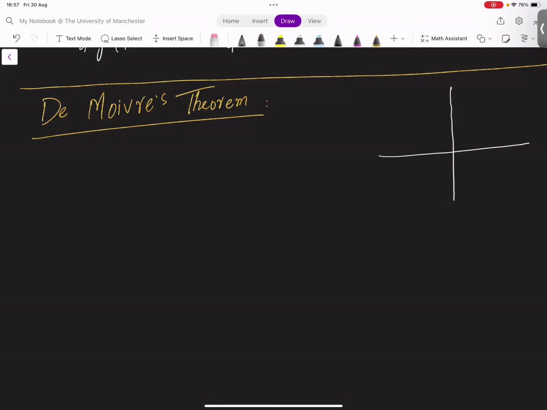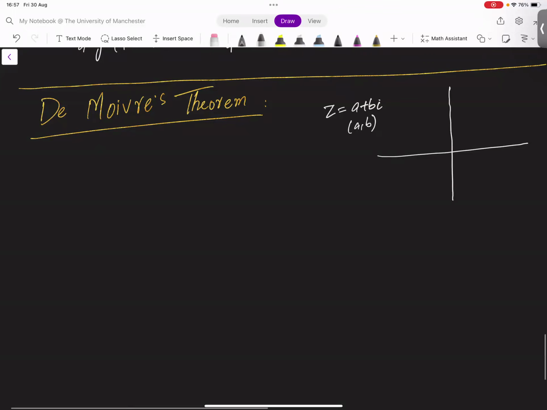So if we have a complex number z equals a plus b iota, then we have a point (a, b), and then we count iota on this axis, and then we count a on this axis. So this is the Argand diagram.